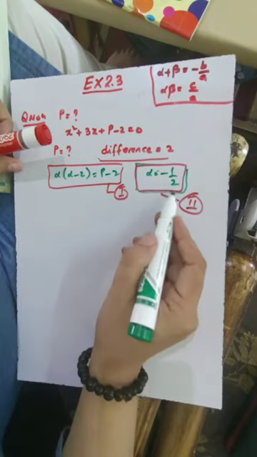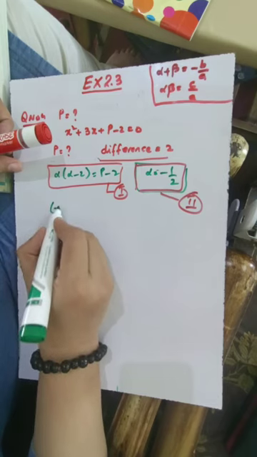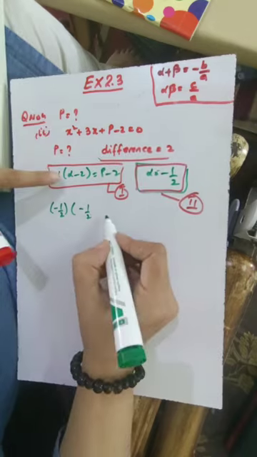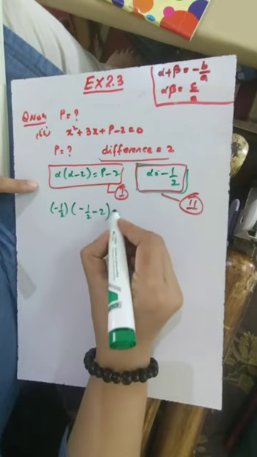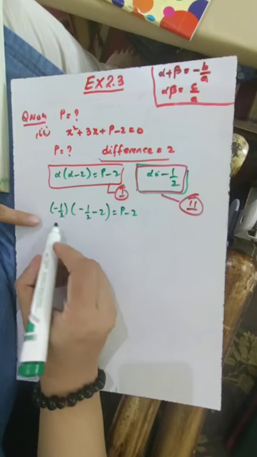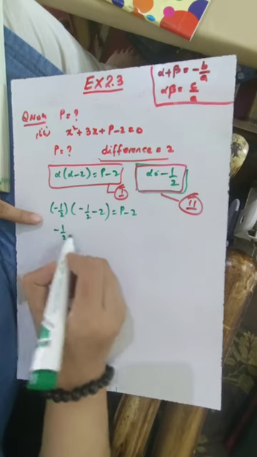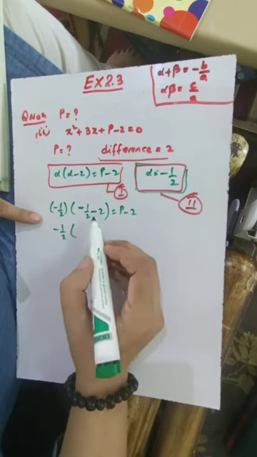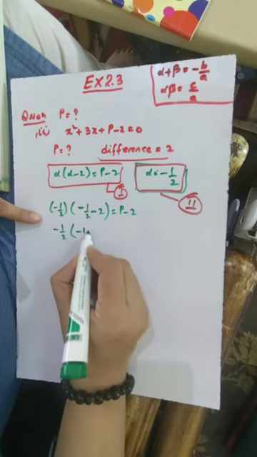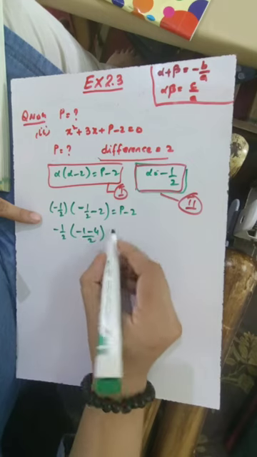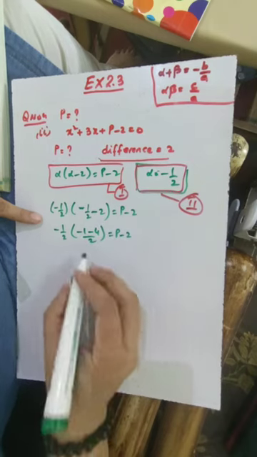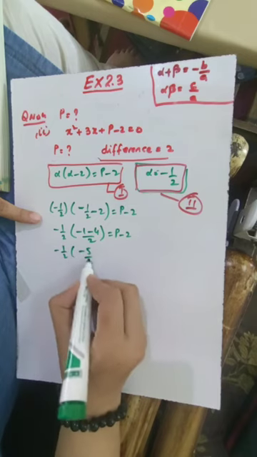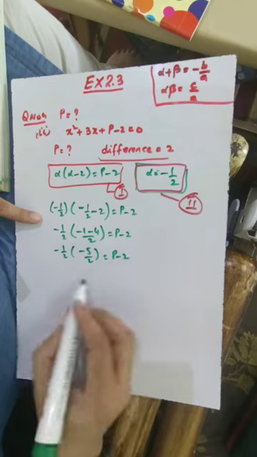So alpha is negative 1 by 2. Putting the value of alpha, we get negative 1 by 2 times negative 1 by 2 minus 2 is equal to p minus 2. Over here we add these two because we have two same signs. This will be negative 1 minus 4 by 2, so negative 5 by 2, times negative 1 by 2, is equal to p minus 2.